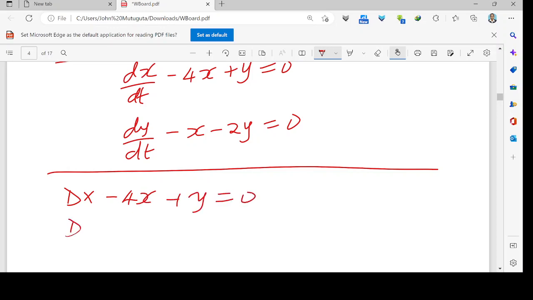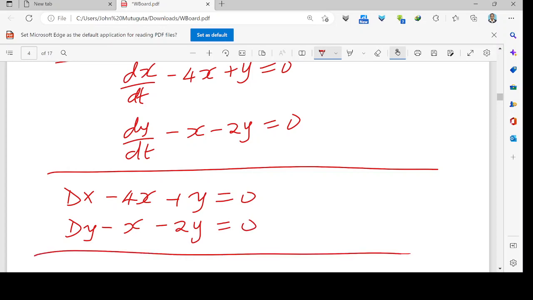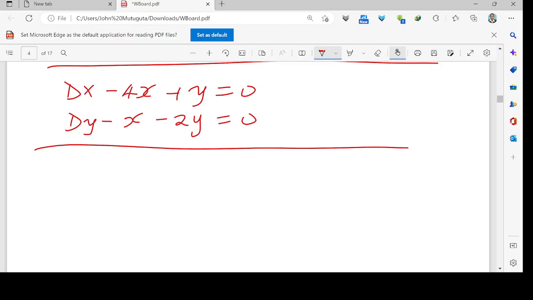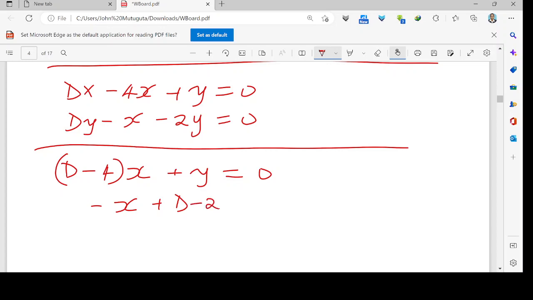The second equation becomes Dy minus x minus 2y is equal to 0. That is the system. In the first equation, we factor out x, then we have D minus 4 in the bracket, plus y is equal to 0. In the second equation, we start with minus x, then we have plus D minus 2, y is equal to 0.